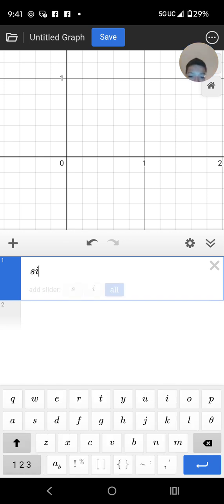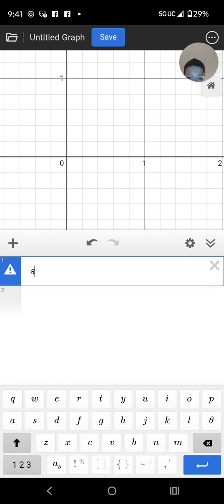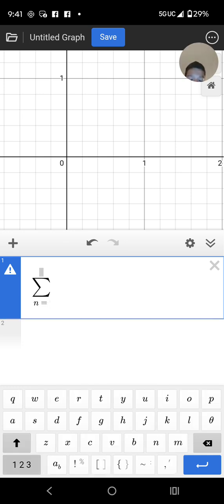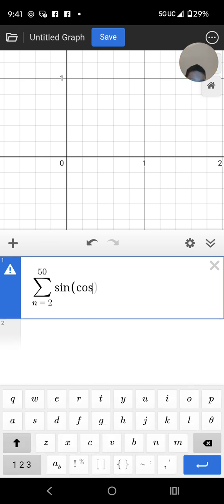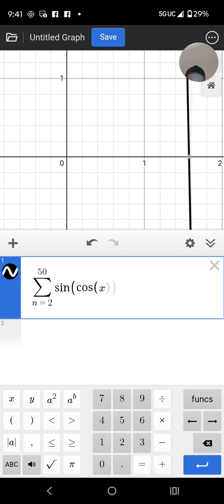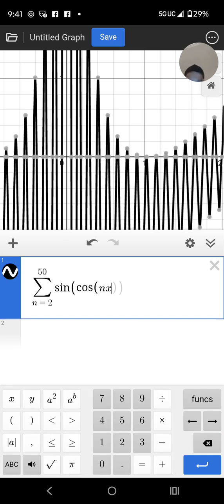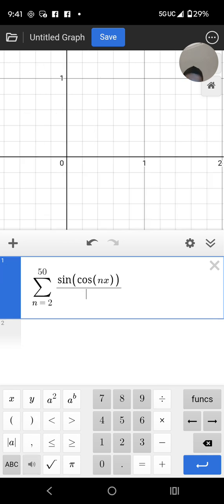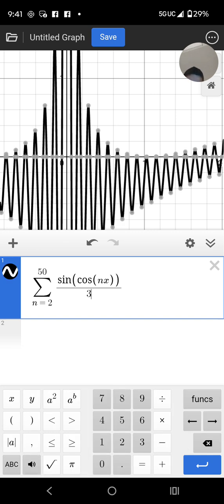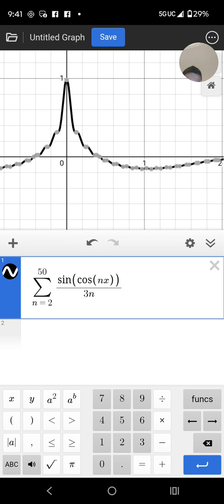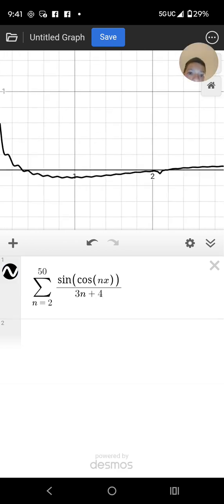Let's do another one. The sum, as n goes from 2 to 50, of sine of the cosine of nx divided by 3n plus 4.